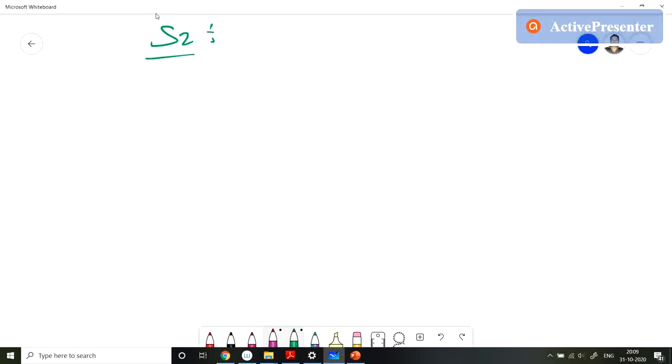In the second system, the ROC is given as modulus of z less than 1 by 4.